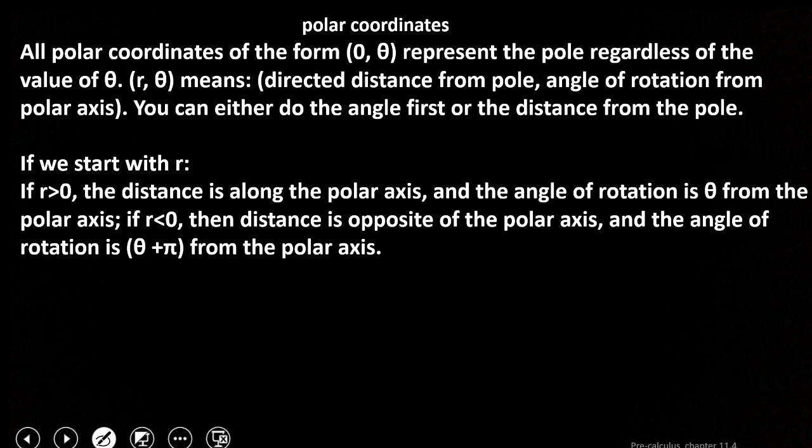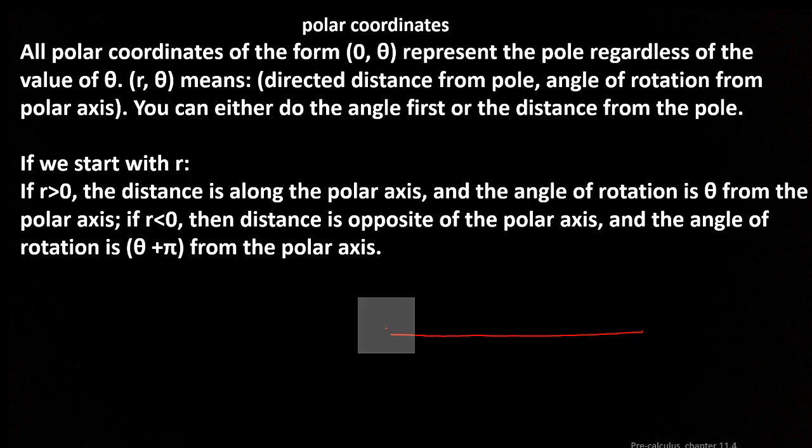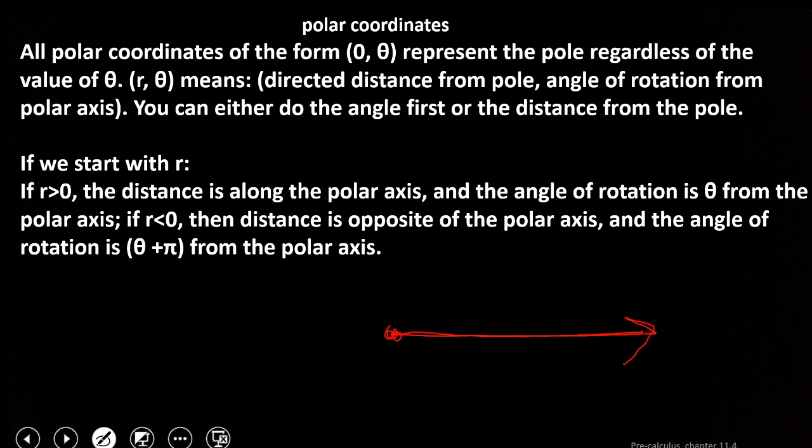Now, this is the explanation of how to graph this, whether you start with r or start with theta. As I said, you start with theta, so you don't have to go through this. So we start with theta, not with r. First take care of the angle, and then look at the r and see if it's positive or negative, right? So you graph your pole and your polar axis, and then you make the angle first, and then if r is positive, you count this way.